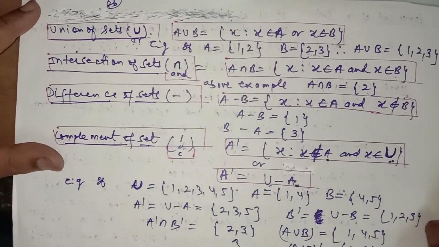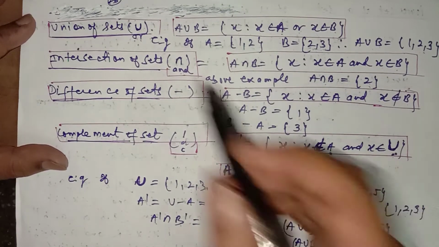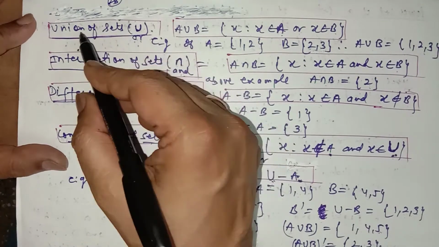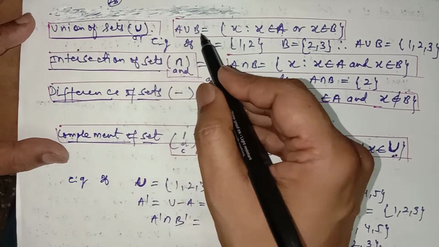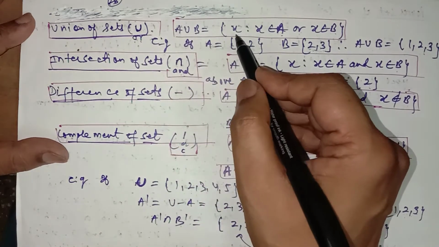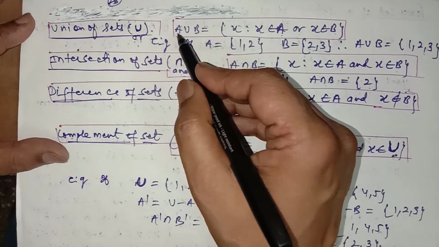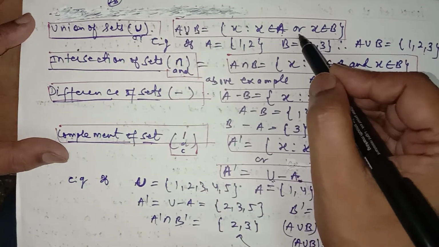Now after that we have the algebra of sets, in which first we have the union of sets. Now what is the meaning of union? Union is denoted by the small u. Now A union B, what does this mean? The union of A and B means those x which belong to A or B, either in A or in B. Union is denoted by this word or.